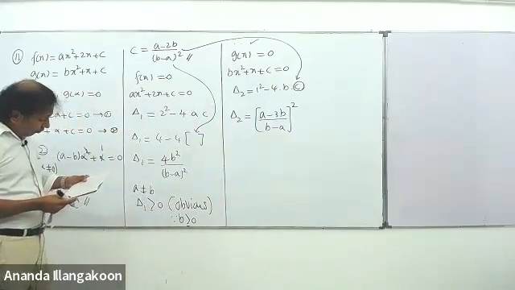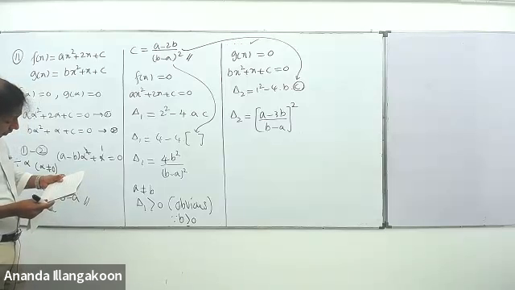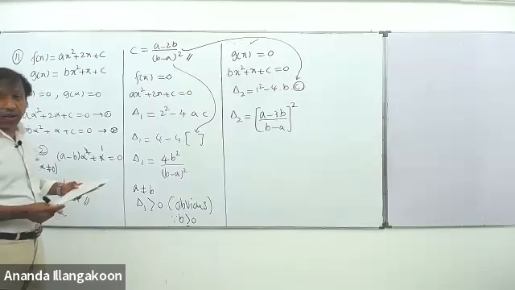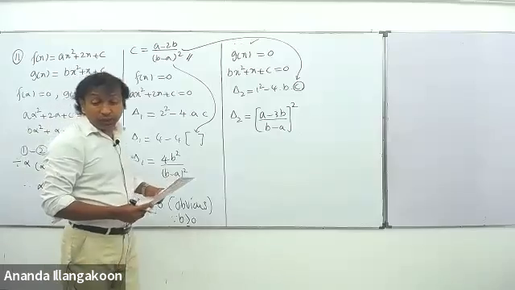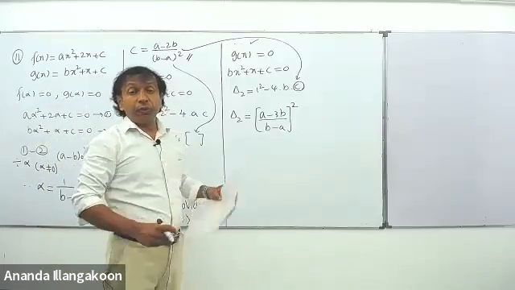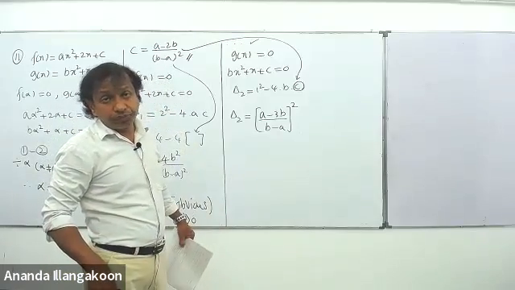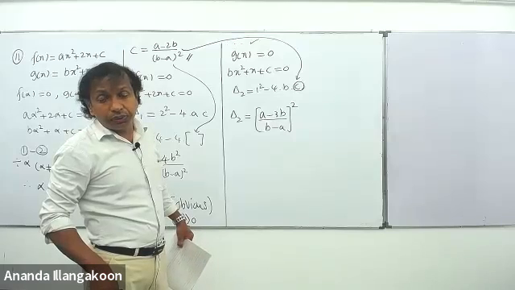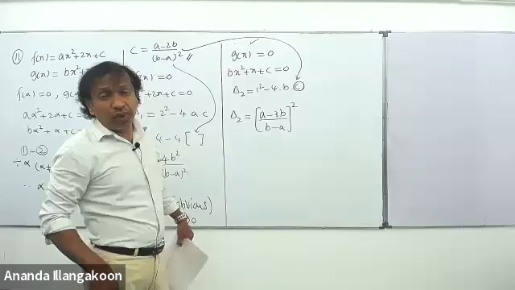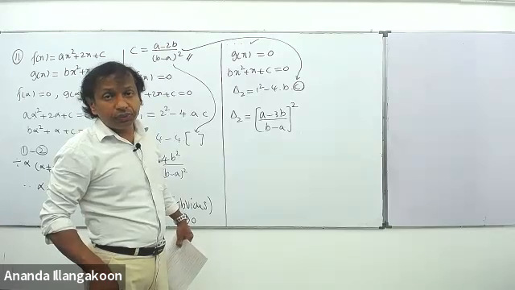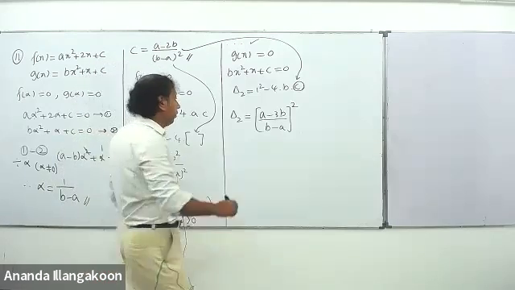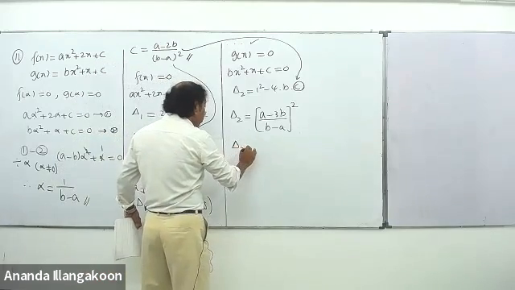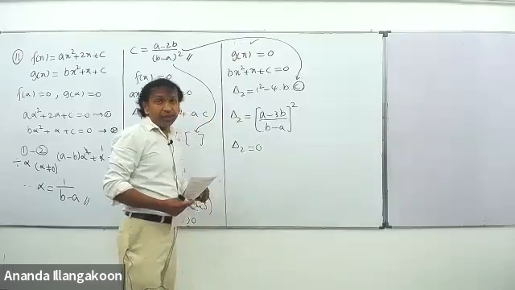Hence, if the roots of g(x) equals 0 are coincident, then show that a equals 3b. People, coincident roots means equal roots. We are given g(x) has equal roots. What is the condition required to have equal roots or coincident roots? Delta should be 0. Delta 2 should be 0 therefore, no? You have to write the answer.